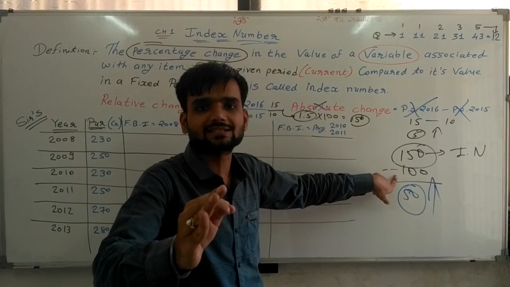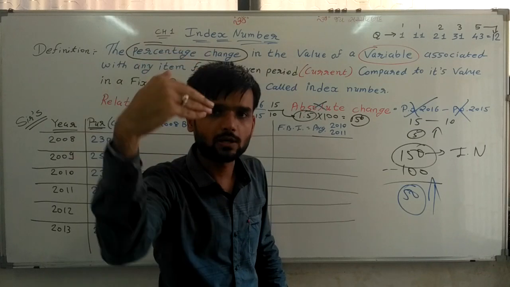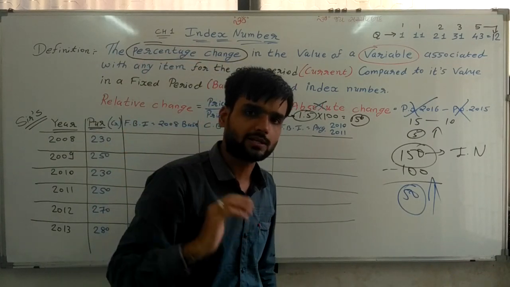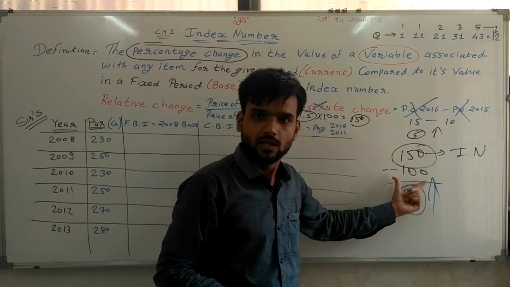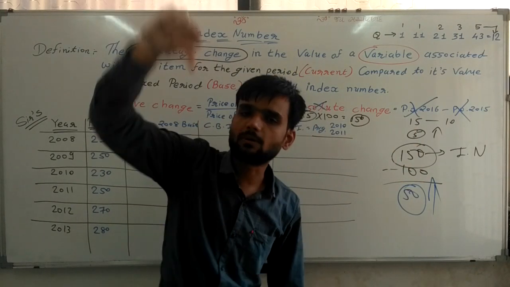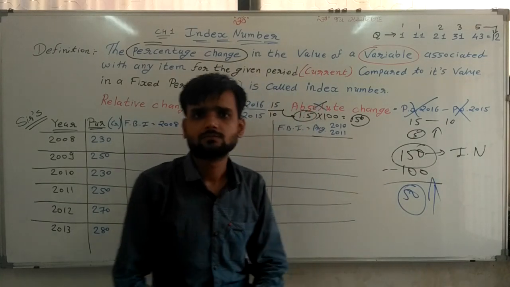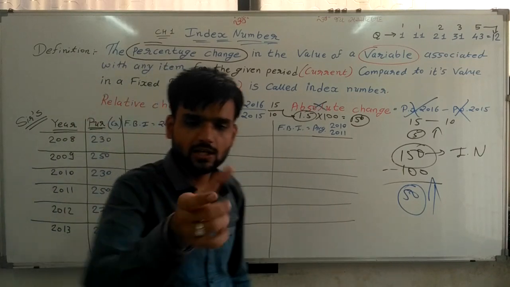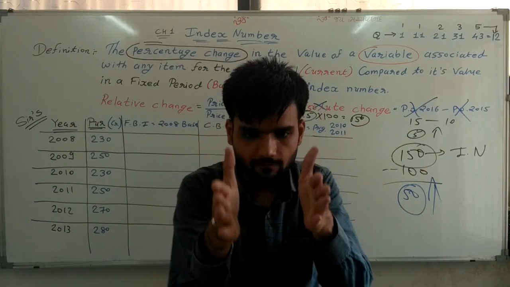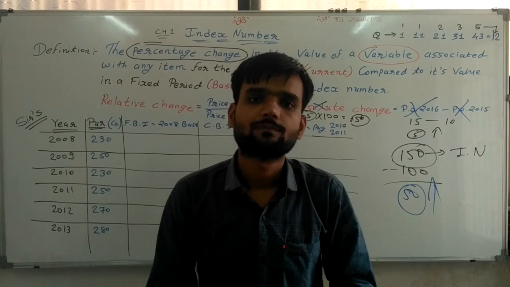Whenever we find index number, deduct 100, then you will get how many percentage increase or decrease. Suppose index number is 90 and we deduct 100, we get minus 10. It means 10% decrease in the value of variable. Simple. So by using index number, we can find percentage changes in the value of given variable.